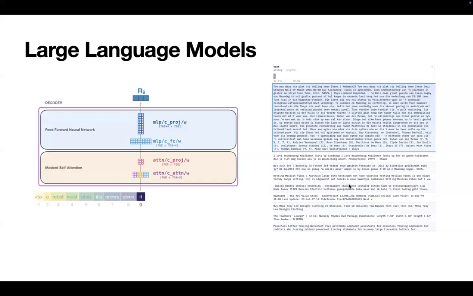Those models have been trained on a massive task corpus, for example the C4 data set, shown in the screenshot on the right, which is a clean version of the Common Crawl data set. A large language model is trained autoregressively, meaning that given a prompt or given a task, it's trained to predict the next token or the next word. And given another task, it will predict the next word and so on.